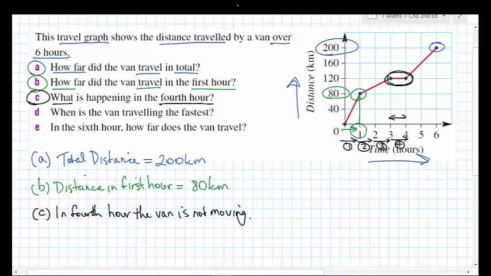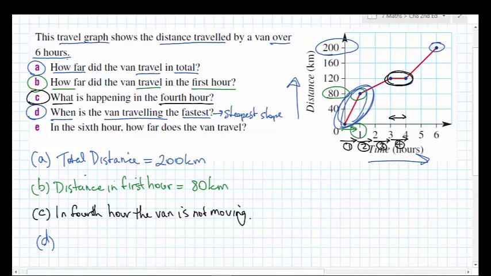So let's have a look at D. When is the van travelling at the fastest? It'll be travelling at the fastest when we have the steepest slope on the diagram. The steepest slope is either that one or that one, and this one easily looks way steeper than the other.